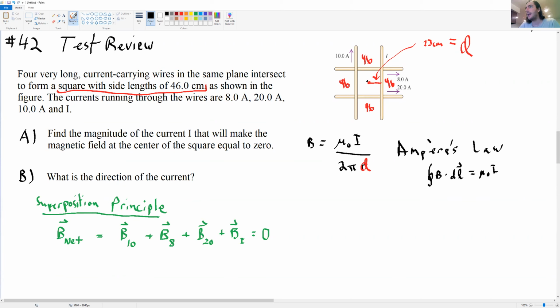Now let's do the 8 amp. How about the 8 amp? So 10 amp in black. Let's do the 8 amp in orange. So for the 8 amp, again, right hand rule. Into or out of the center of that square. The 8 amp current is going from left to right there in the figure.